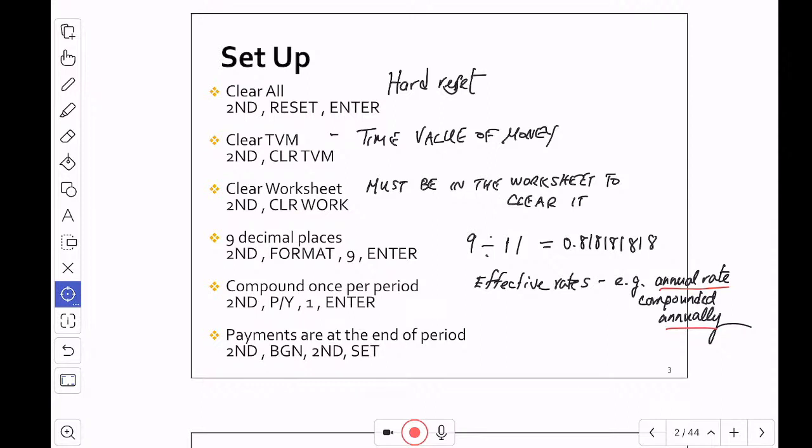Not in a stat worksheet and not in a cash flow worksheet. But you can just store values.